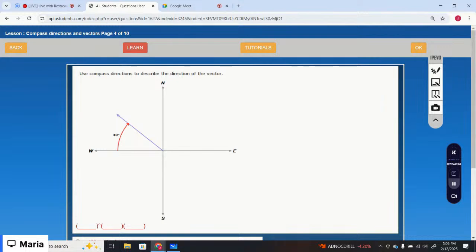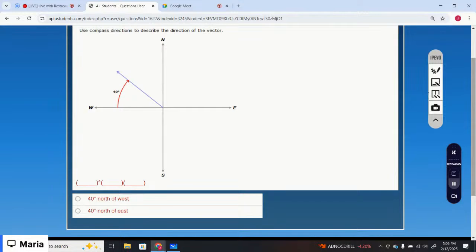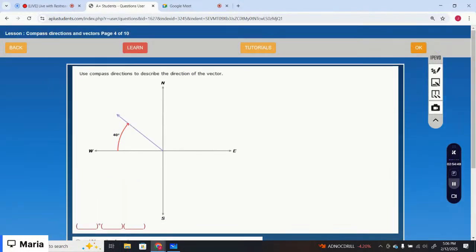Use compass directions to describe the direction of the vector. That is 40 degrees north of west. Option 1 is the correct option.